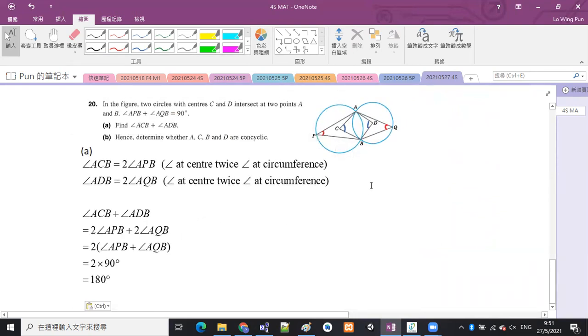You get this? Part B will be just one line. Because the question asks you to determine whether A, C, B, D are concyclic. Okay? And we have already found that the sum of the opposite angles, angle C and angle D, is already found to be 180 degrees. Okay?